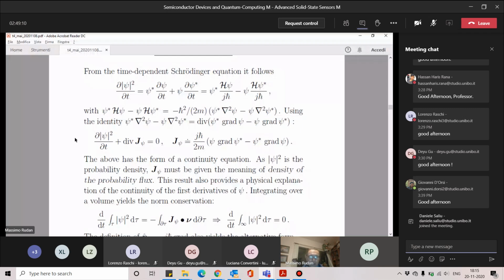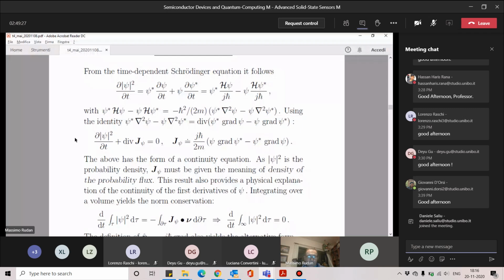What is the meaning of J? Well, you see immediately that the equation that we have found has exactly the appearance of a continuity equation.